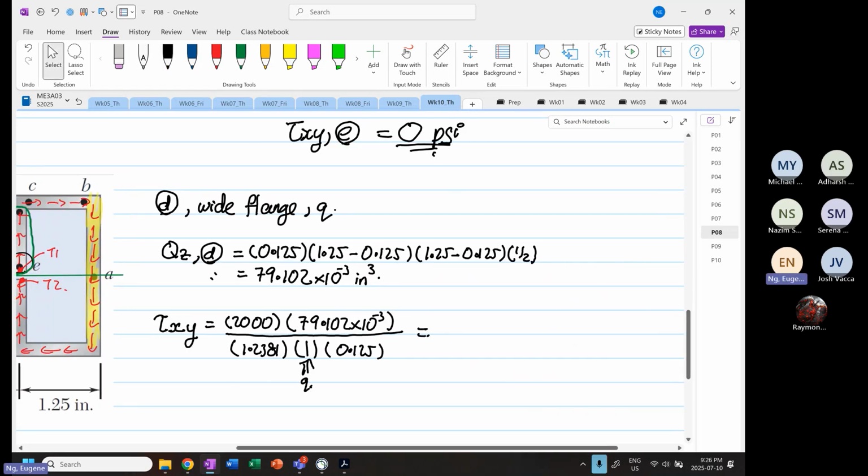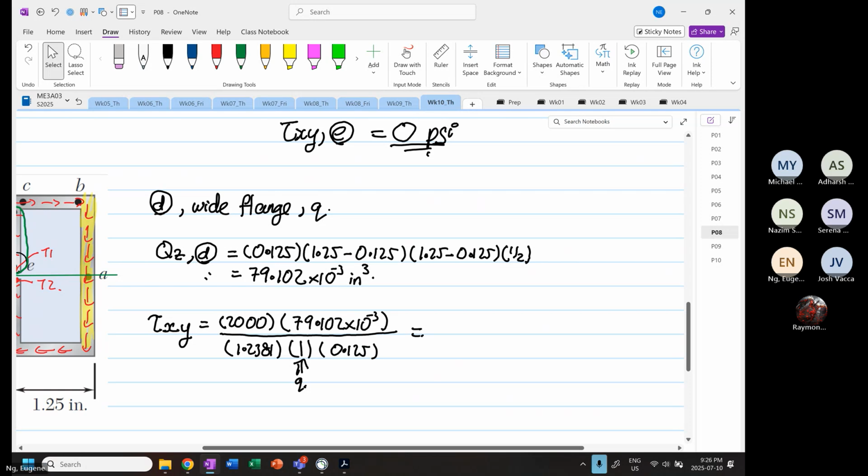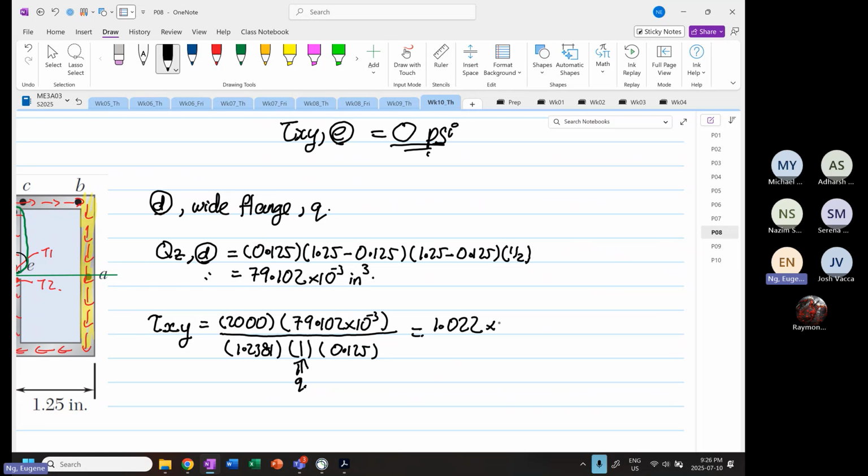So 2000 multiplied by 79.102 times 10 to the power minus 3, divided by 1.2381, divided by 0.125, is equal to 1.022 times 10 to the power 3 psi.